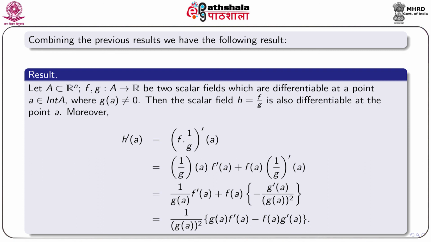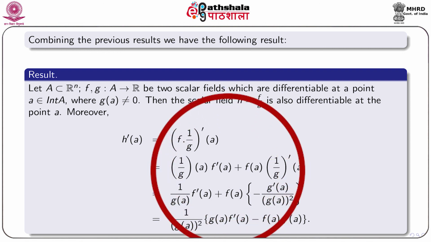Moreover, H dash a is nothing but the derivative of F into 1 by G at a. So, first we apply the Leibniz rule. So, it equals 1 by G a F dash a plus F a 1 by G dash a. Now, let us write the expression for 1 by G dash.